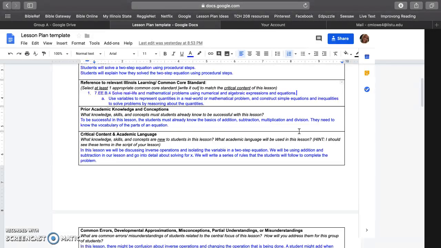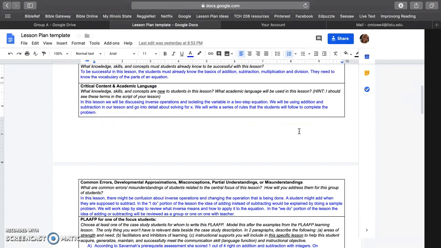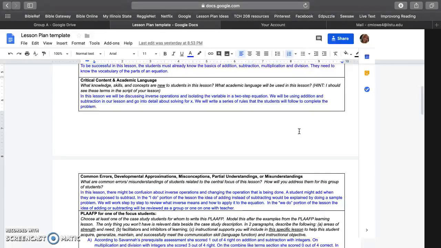So some common errors that we think will be present with Savannah is, obviously, inverse operations. Looking at her pre-test, she did really good with the multiplication part, but she really did struggle with the parts that had to do with the inverse operations with addition, subtraction, combining like terms, solving for the variable.